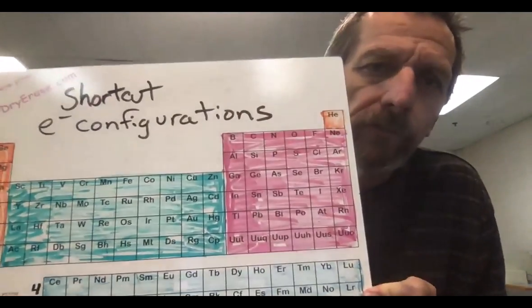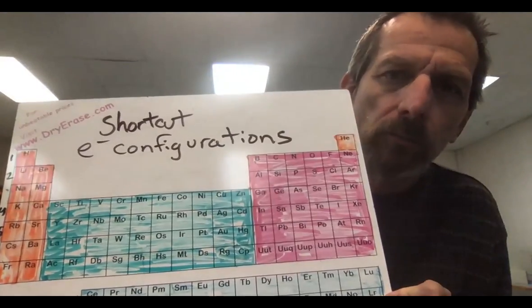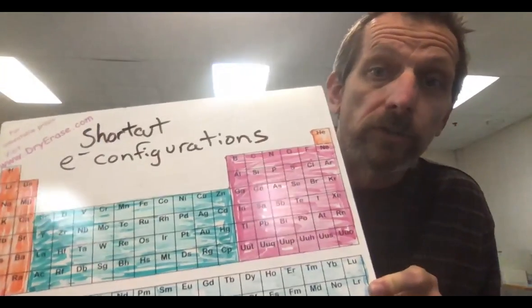So shortcut configuration, some skills that you would need to acquire in order to understand them, is really what's coming in this lesson. So let us take a look at where the story begins. One of the things that we know is that a periodic table takes on a shape, and the shape that it takes on has a lot to do with some of the things that we've already talked about.